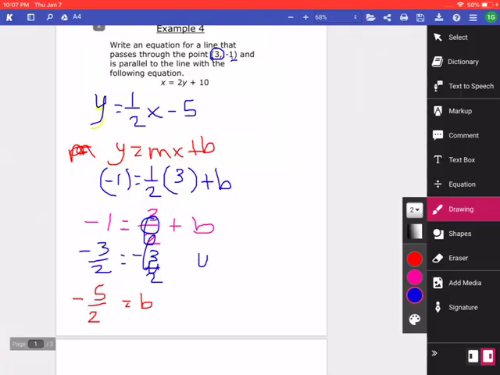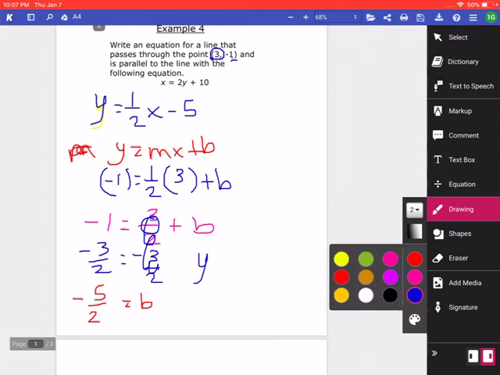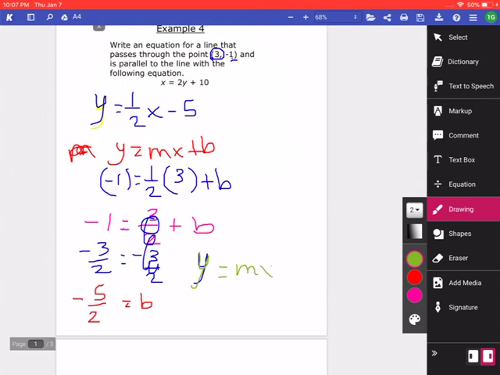Okay, so now we're going to use this information to write a new equation. We have y equals mx plus b, and we know up here our slope is 1/2 and our b is -5/2. So y equals 1/2 x minus 5/2.